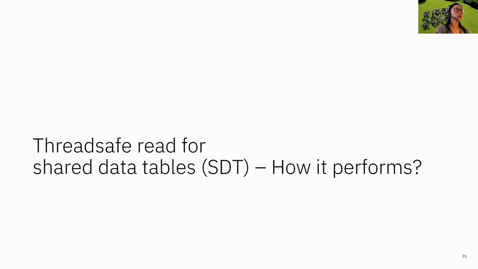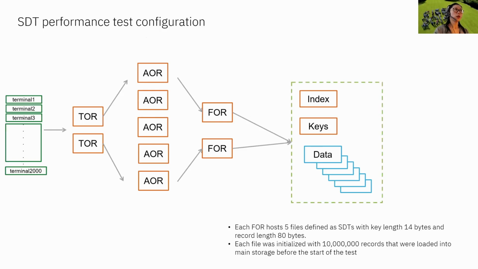So looking back at the thread safe feature for the SDT, we've done performance testing, and this is the configuration for the performance test. For CICS performance tests in our product team, we mainly focus on the CICS product itself, so as a consequence the business logic is very minimal.